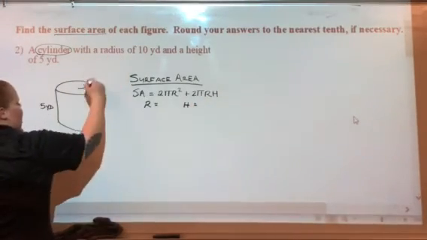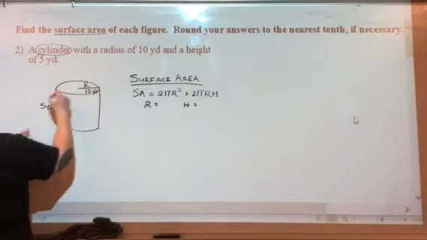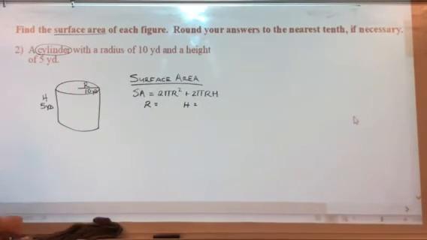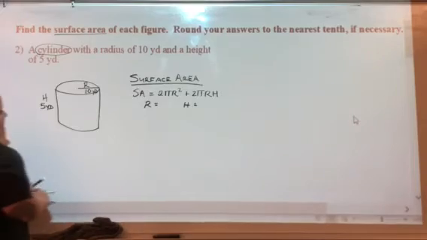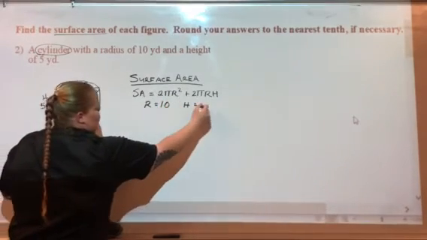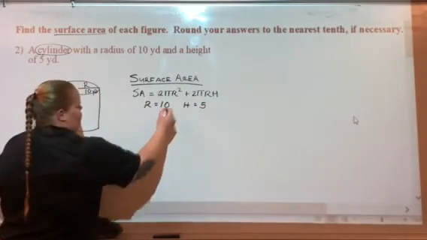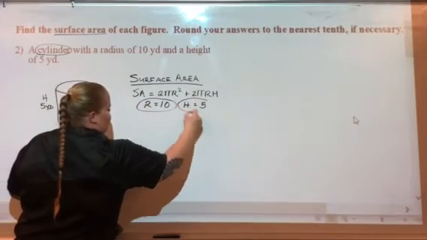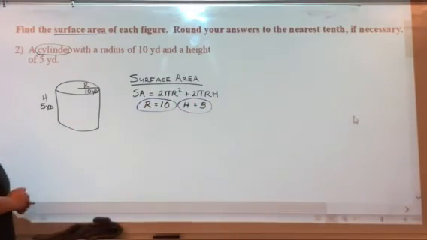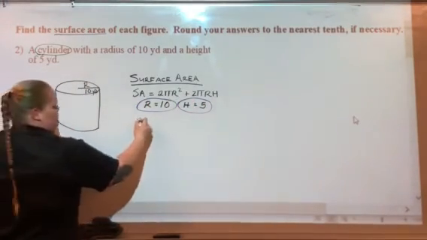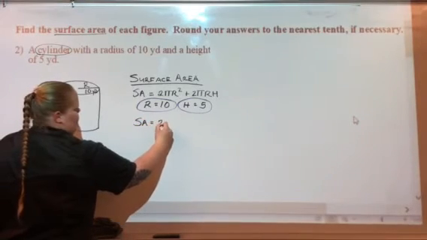So it tells us up here radius is 10. It also says that the height is 5. Okay, so we have these two things. We're just going to write those down. This is what we need. So we're going to plug it into that formula.